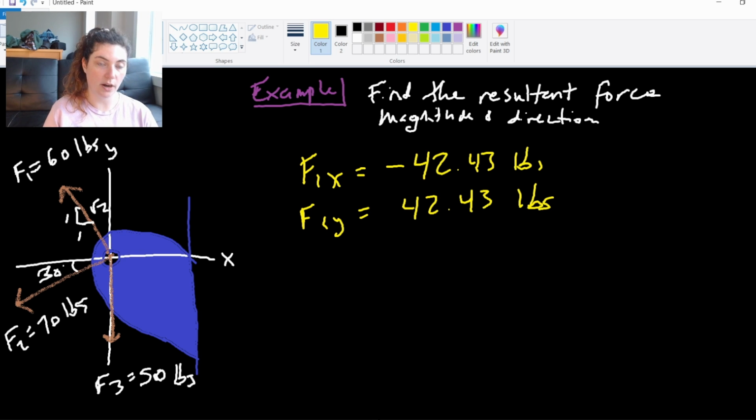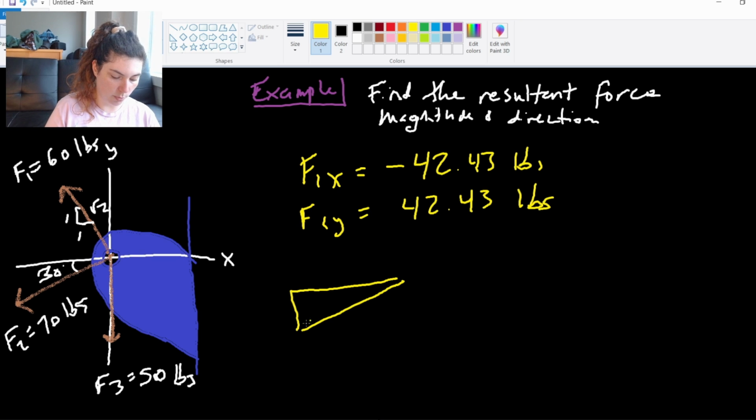Then we'll move on to our f2. So we'll draw out that triangle, for example. This one, we now see we have both negative x and negative y components. So this is a 30-degree angle. To get our x component, this is a negative x component.